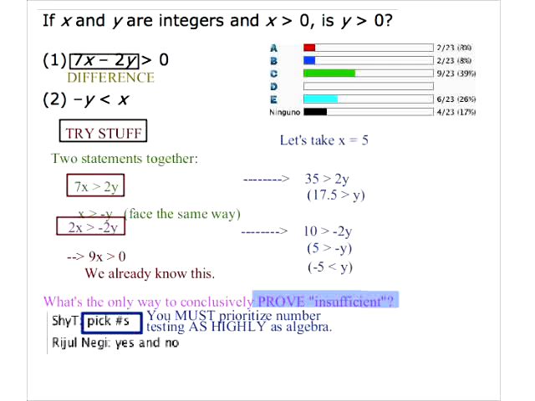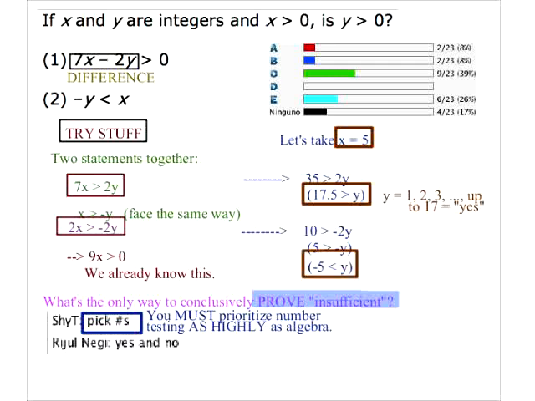So if you pick numbers, you can show explicitly that this is still insufficient. If x is 5, then you can get y's that are positive. So y is 1, 2, 3, etc., up to 17. Those give you yes answers.